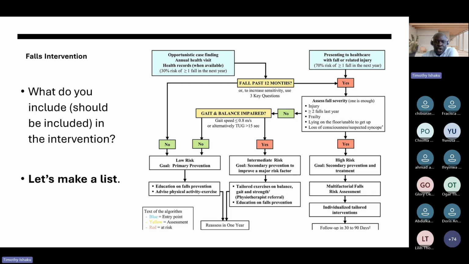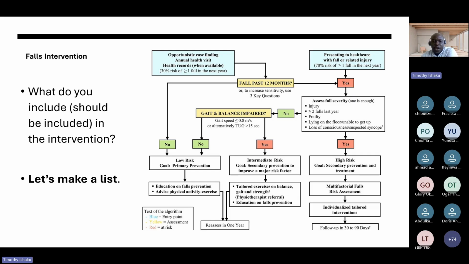But as a physio, you need to come up with exercise. Not just a sheet of paper saying exercise is good; you need to be specific. Are you targeting the balance? That is the problem. Or are you targeting the coordination? That is the problem. Or are you targeting the strength? That is the problem. So you need to identify what the problem is, and then your intervention should address the problem.